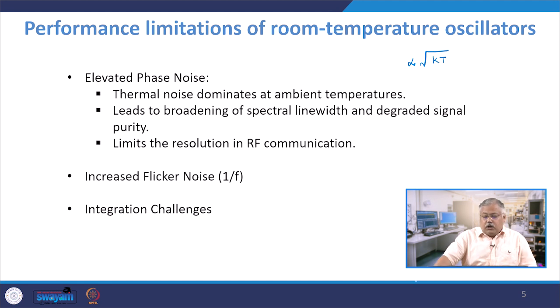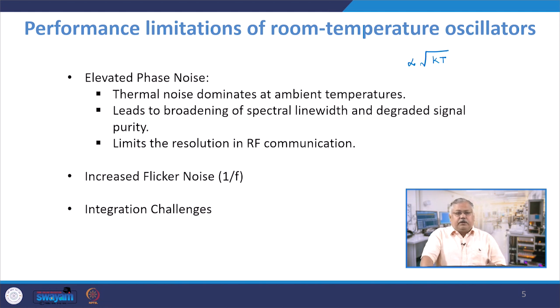Therefore, my thermal noise is directly proportional to temperature. So, the higher the temperature or the higher the ambient, the more will be the thermal noise. And therefore, with this thermal noise being added to the system, the signal to noise ratio, SNR, degrades. That is one thing. It also leads to the broadening of the spectral line width.